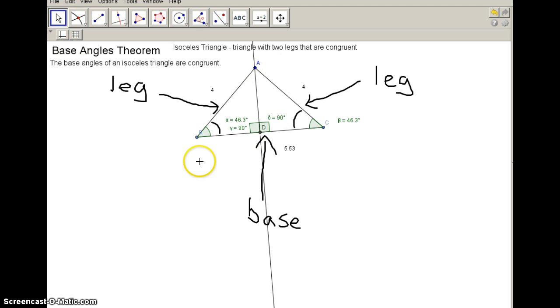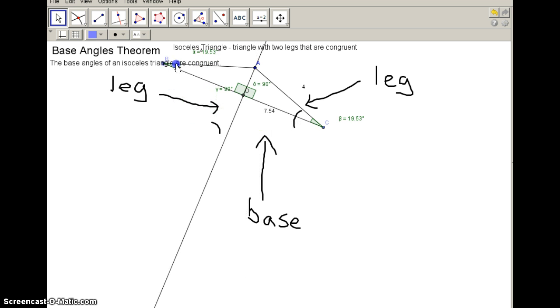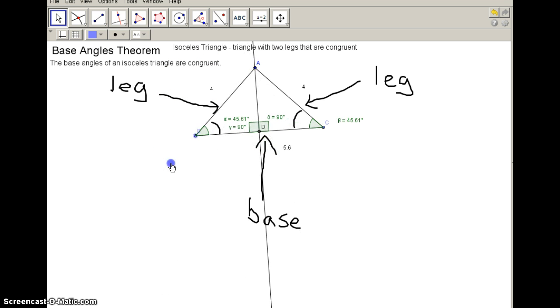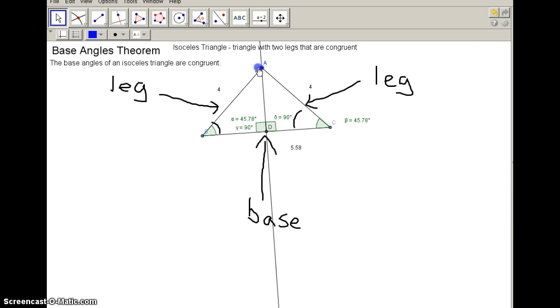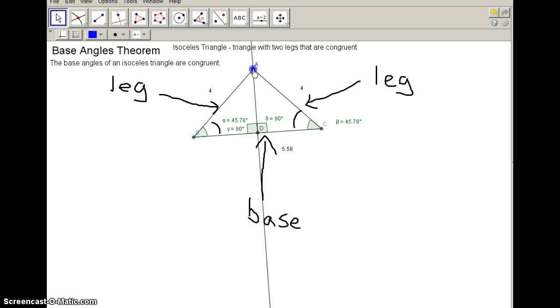No matter what isosceles triangle we end up with, no matter how it looks, if I were to move point A, it doesn't matter because we're just saying take any isosceles triangle and construct a perpendicular here.